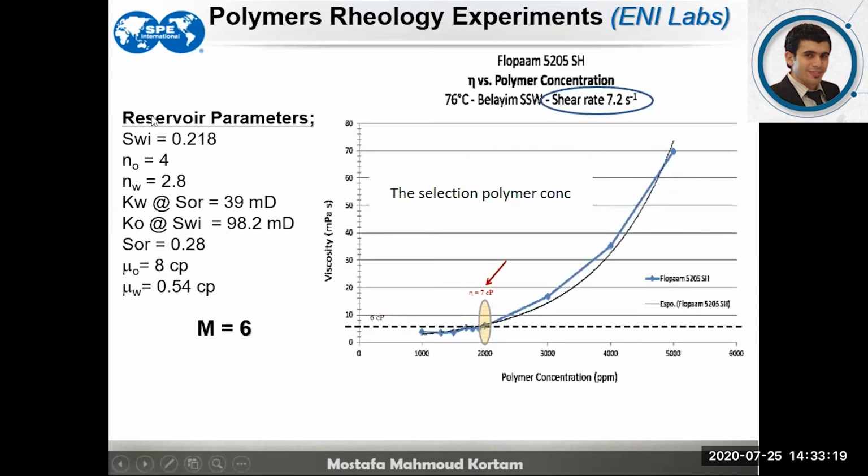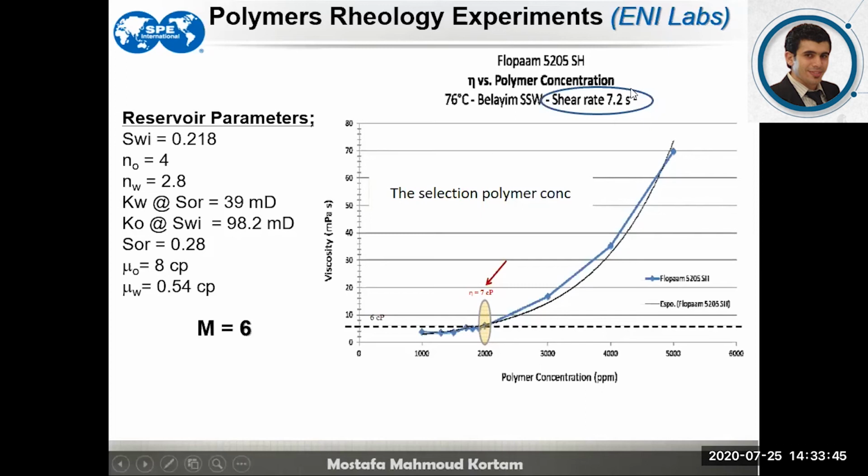We should list down the parameters of our reservoir and calculate the permeability ratio and the mobility ratio. And then understand the range of the shear rate that our field is operating at, so simply how much we are injecting and how much the flood front is propagating into the reservoir.